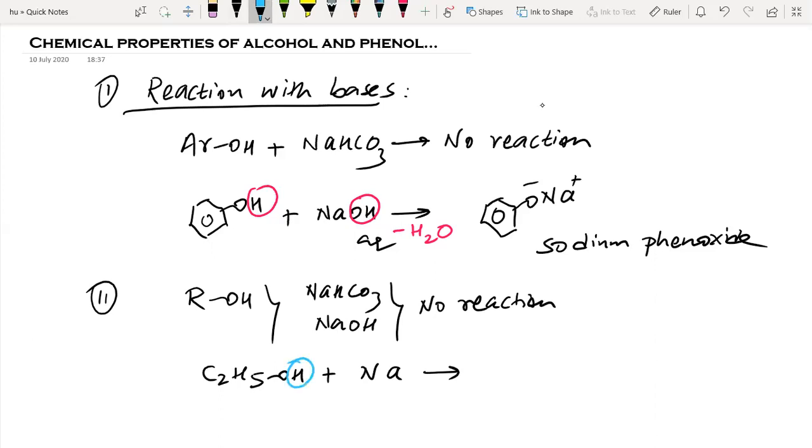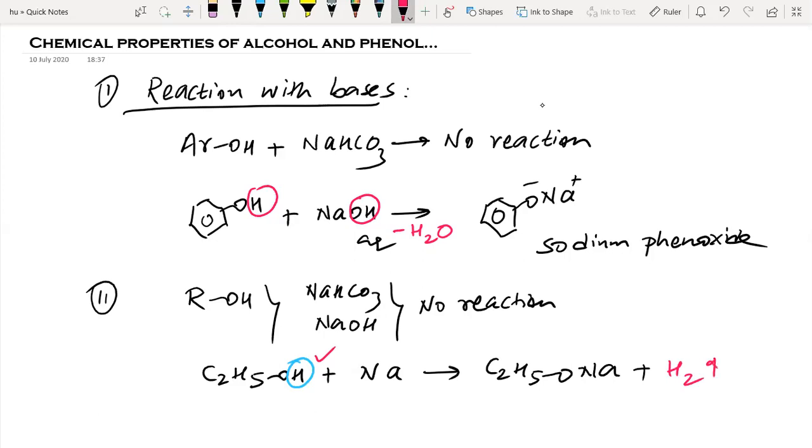This hydrogen is replaced by sodium, and we get C2H5ONa plus hydrogen eliminating in the form of H2 gas.